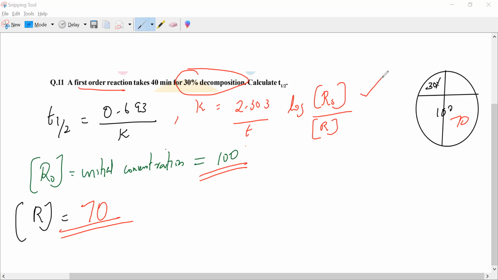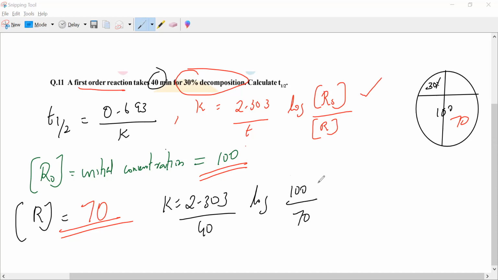So I'll be getting what? K value. So K is equal to 2.303 by what is my T? T is 40 minutes, so I'll directly write 40. We need not convert anything until and unless they specify seconds or something. Correct? Log of 100 by R naught is 100, 100 by 70, that is 10 by 7.